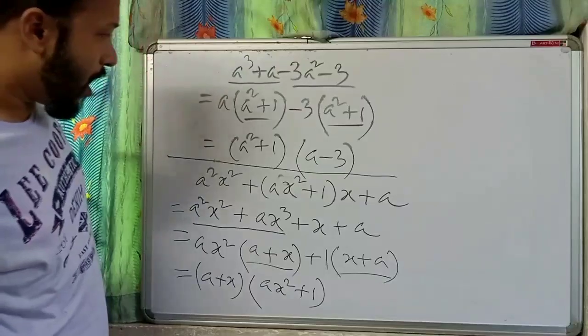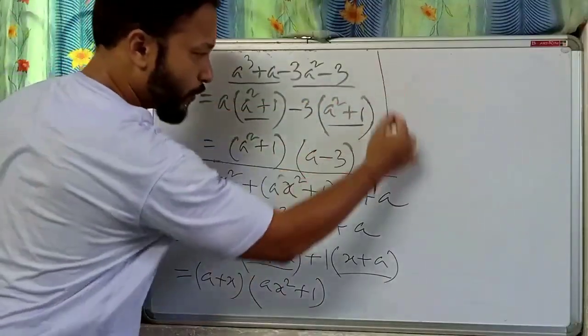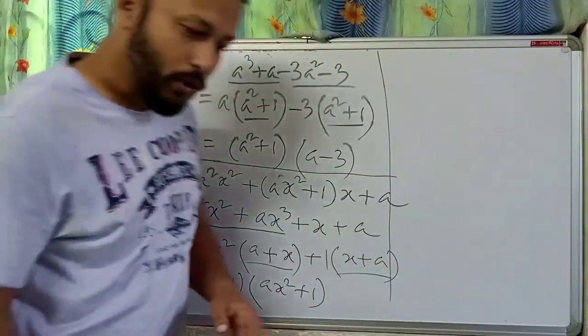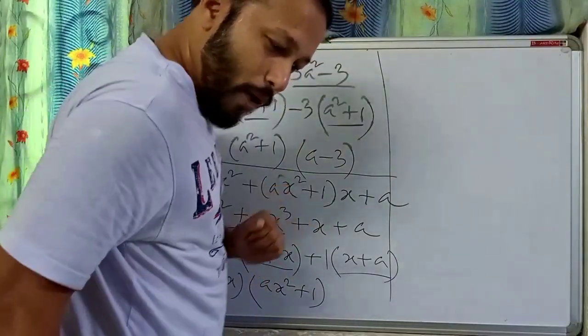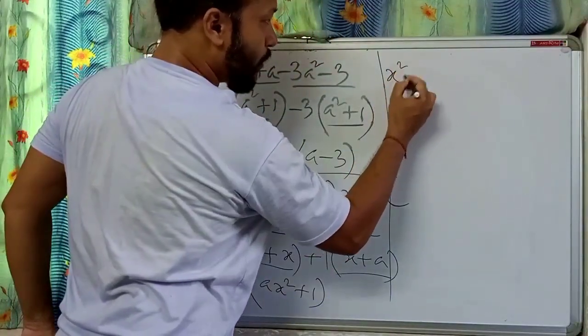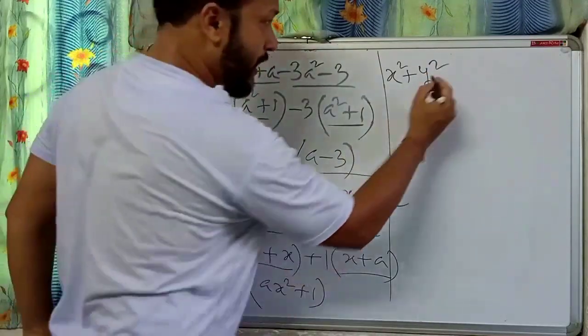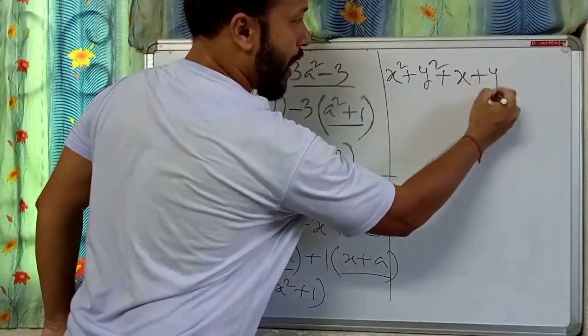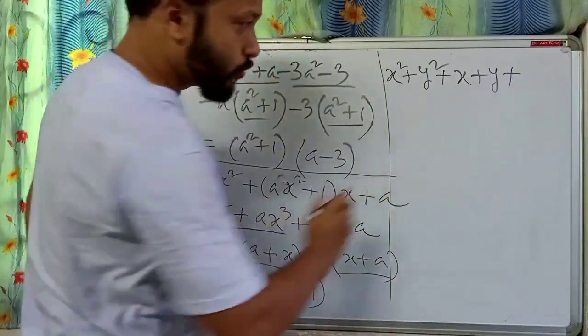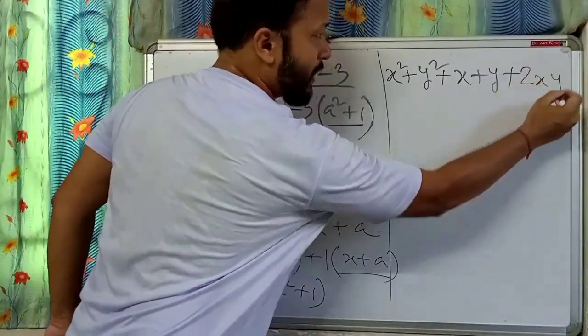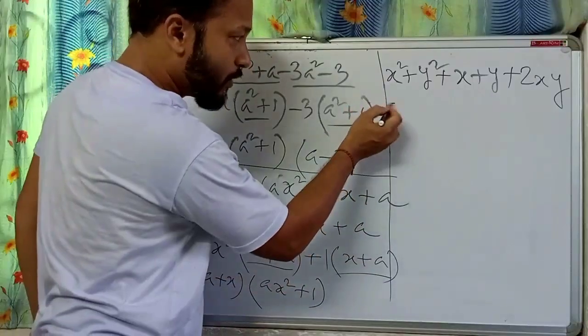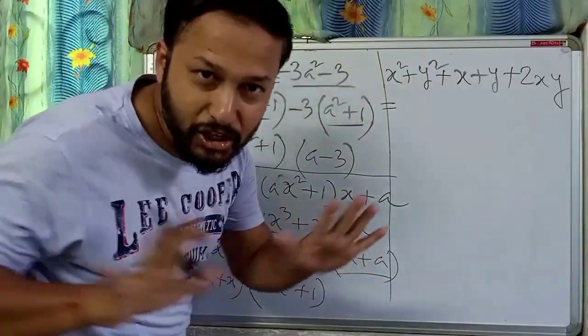Next sum, I'm writing it here. What is the next sum? x square plus y square plus x plus y plus 2xy. Okay, see here we have to arrange something.